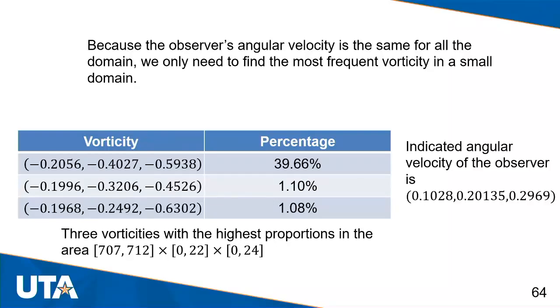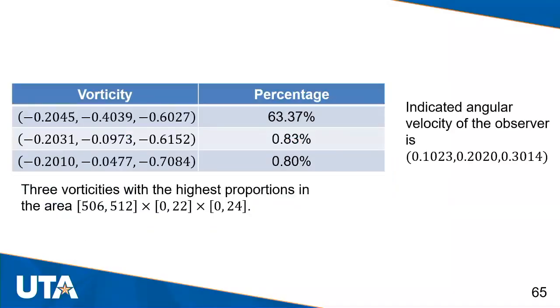We know the observer's angular velocity is 0.1, 0.2, 0.3, so we get a very close estimate of the observer's angular speed.